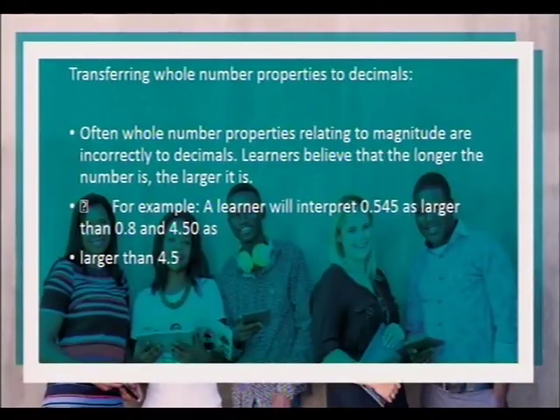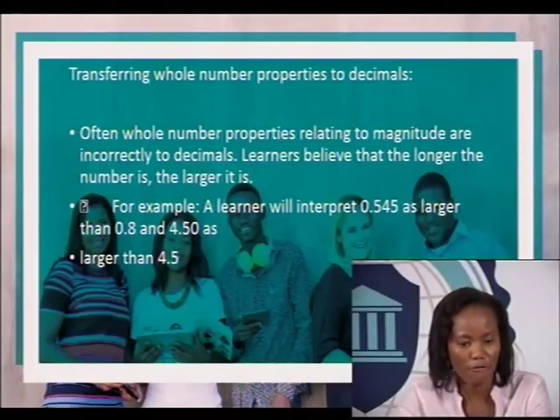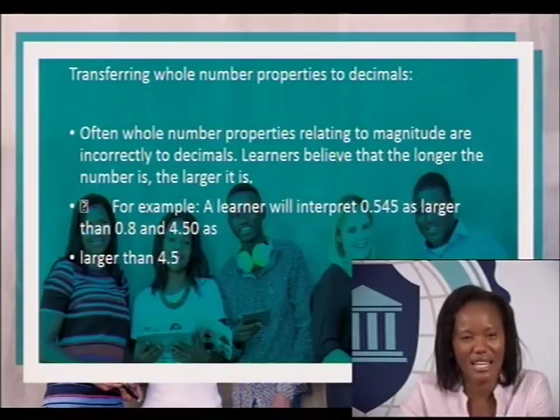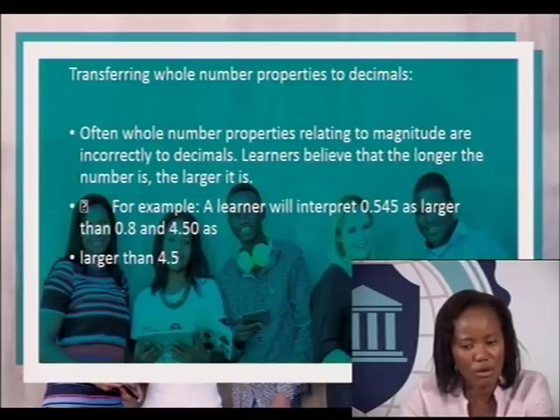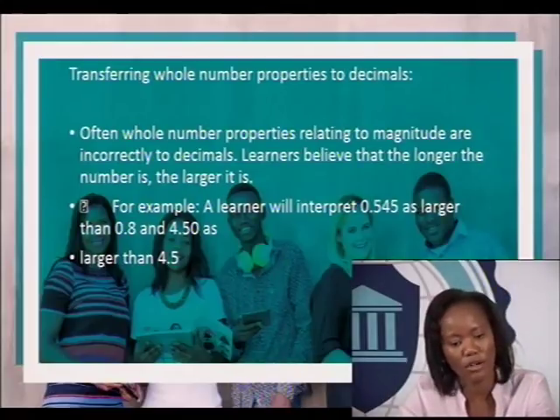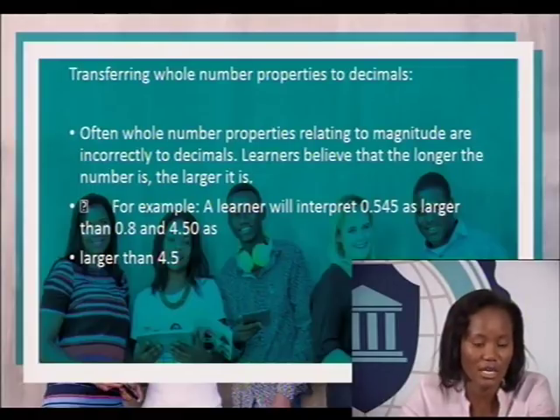Now, the next one is transferring whole number properties to decimals. Often, whole number properties relating to magnitude are incorrectly transferred to decimals. Learners believe that the longer the number is, the larger it is. For example, a learner will interpret 0.545 as larger than 0.8 and 0.50 as larger than 4.5, which is not the case.